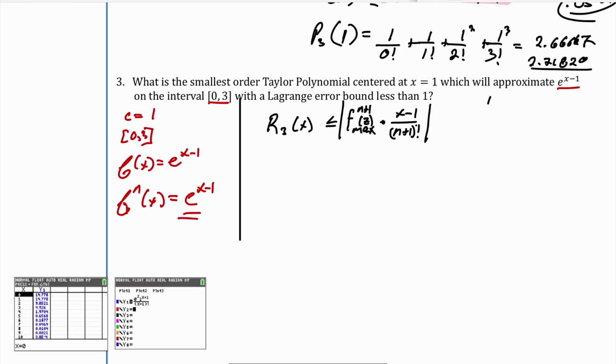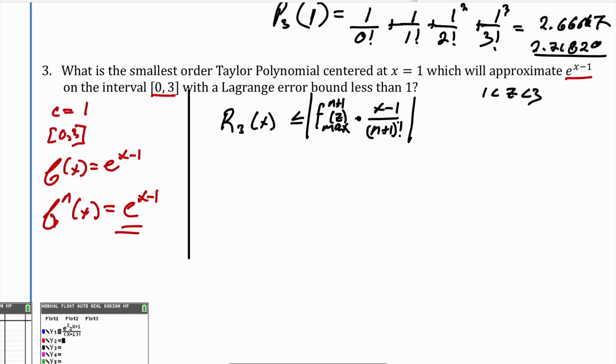So z is going to be in between 1 and 3. Now, just using that, we know that 3 is going to be our number because that's going to give us the largest possible value. So the z we're going to choose is 3. So let's go ahead and fill in some more.